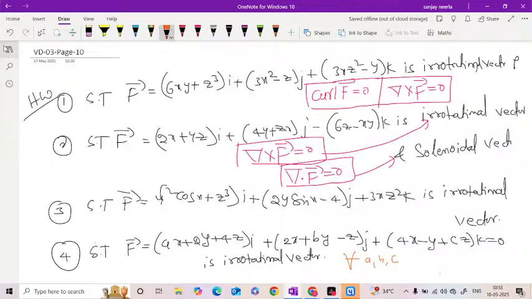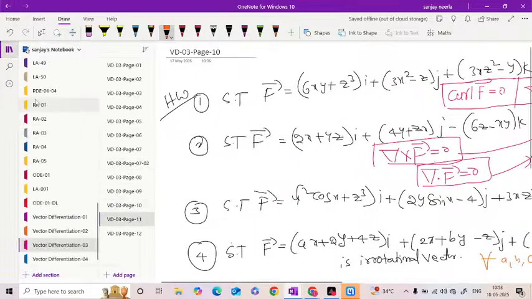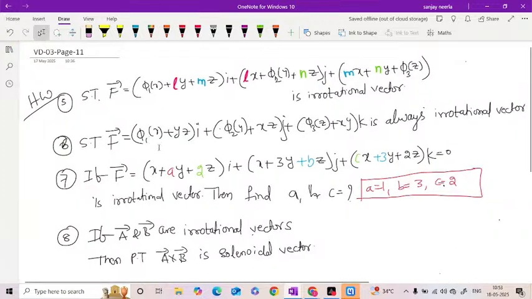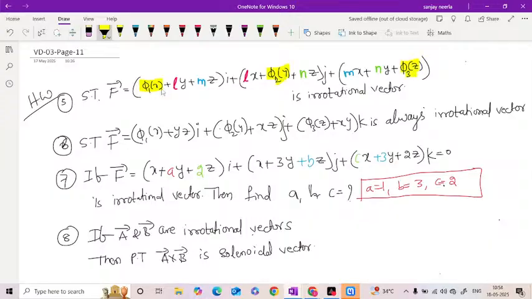Next one, I have given 6 more additional problems. Here this type of vector is always irrotational. Here phi1 is a function of x, phi2 is a function of y, and phi3 is a function of z, and l, because after calculating ∂m/∂y and ∂n/∂x, they are equal.